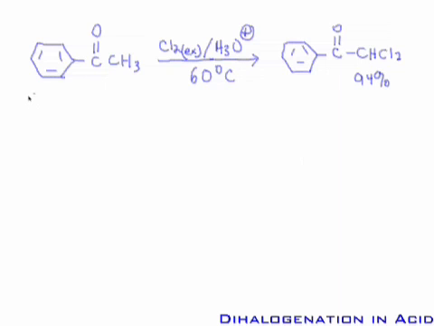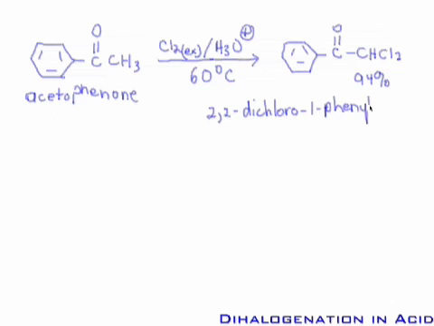So we can take acetophenone, and make 2,2-dichloro, 1-phenyl, ethan 1-one.